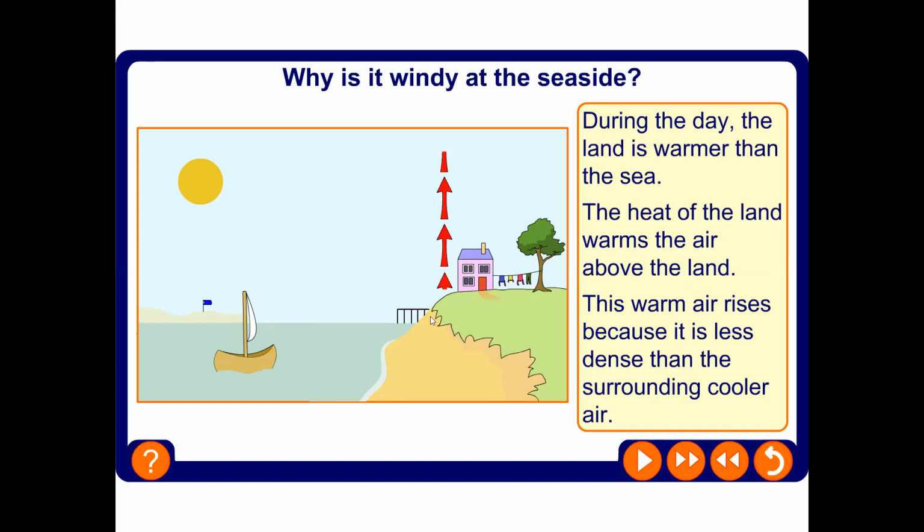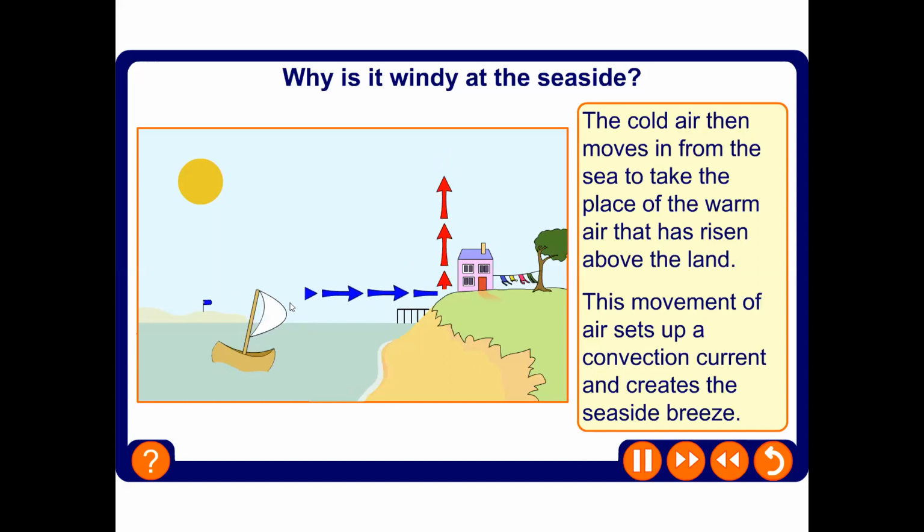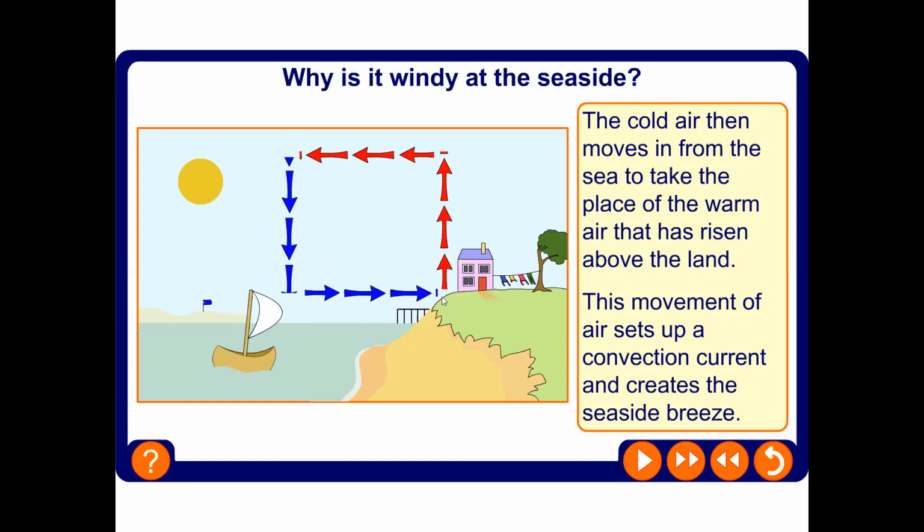Because of that temperature difference, the heat of the land warms the air above the land. As the air becomes warmer, it's the same principle: the warmer air expands, becomes less dense, and rises up. That creates a sort of vacuum, or empty space. The cold air from the sea rushes to replace the warmer air which has risen up.